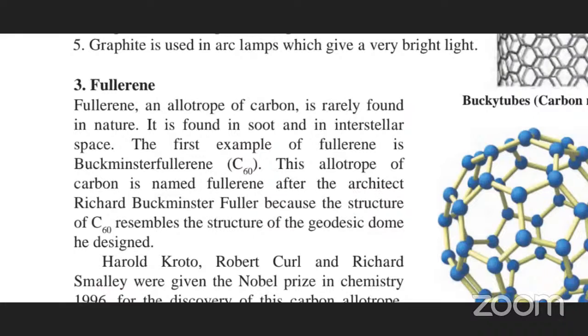So it is found in soot and in interstellar space. Interstellar space is outside the Earth, and inside the Earth it is found in the form of soot. Means very rarely, in very small proportion, it is obtained.